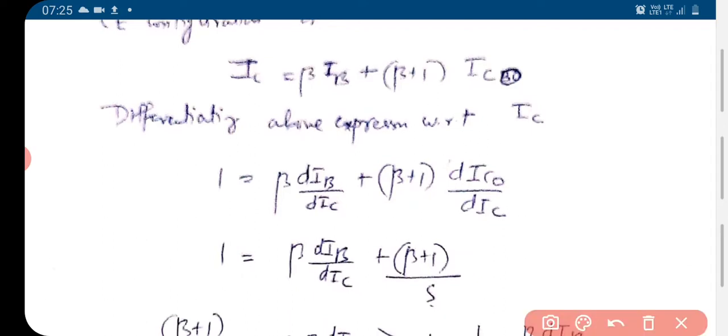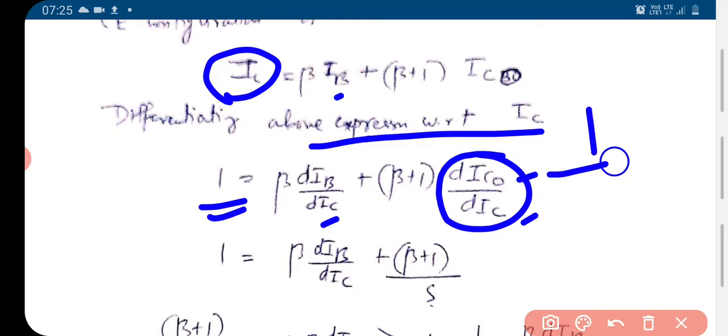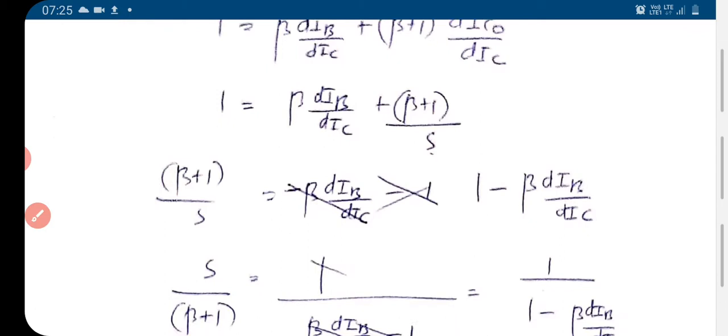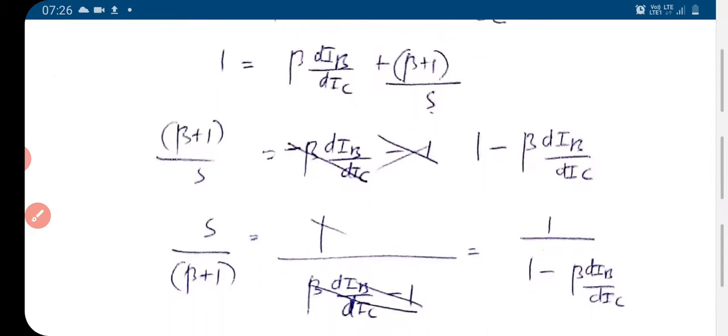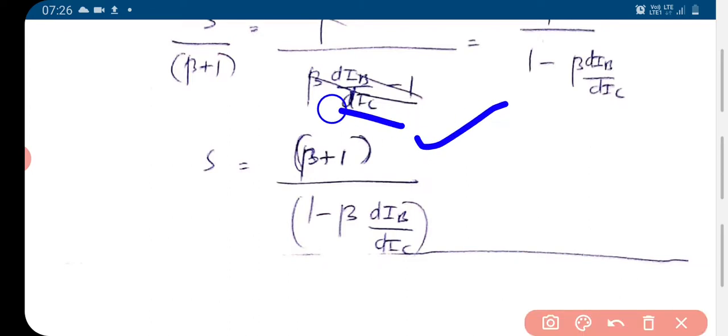As we differentiate, you will get 1 equals beta dIB by dIC plus (beta plus 1) dICO by dIC, and this factor is actually 1 by S, because dIC by dICO is S. We make rearrangements, and we find S is given by beta plus 1 divided by 1 minus beta dIB by dIC.